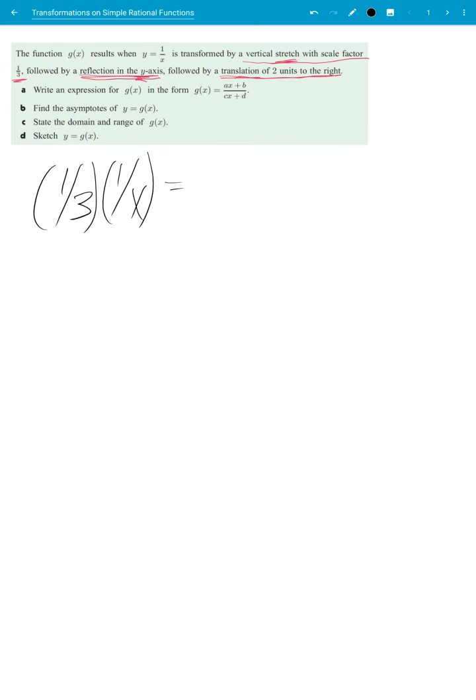That's going to give us 1 over 3x, 1/3 x. The second part, the reflection in the y-axis, just means to replace x with negative x. That reflects it across the y-axis. So the second step is just going to give us negative 1/3 x, because I just replace x with negative x and it comes out.